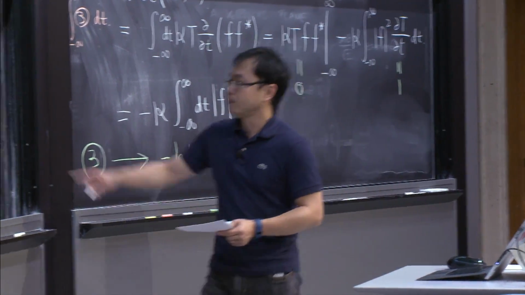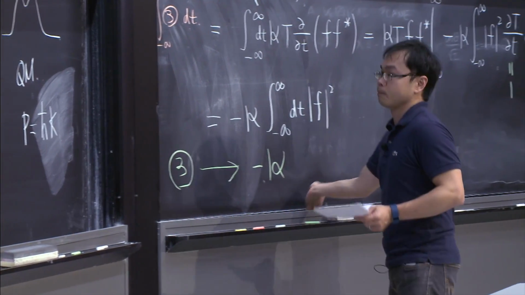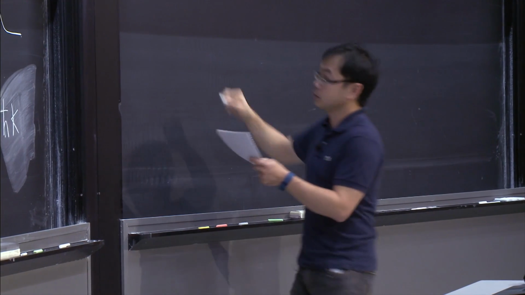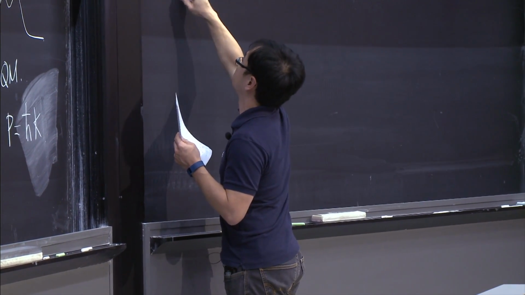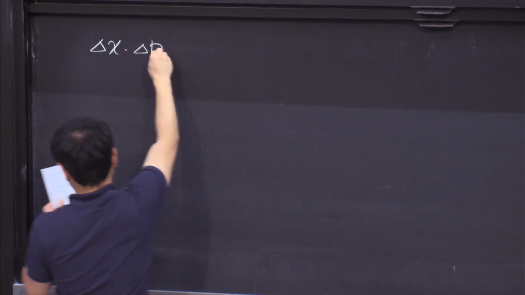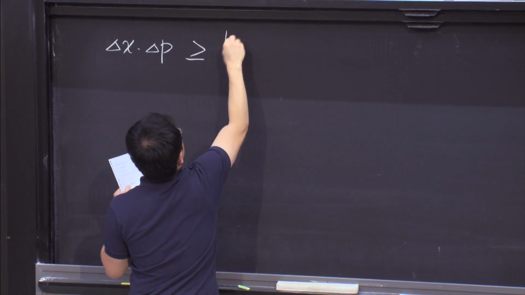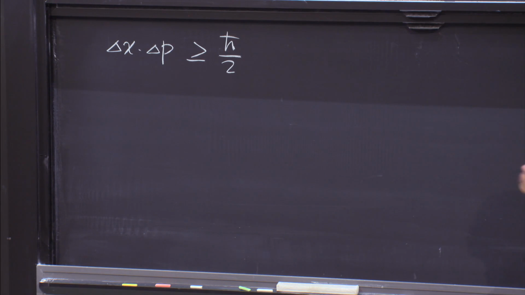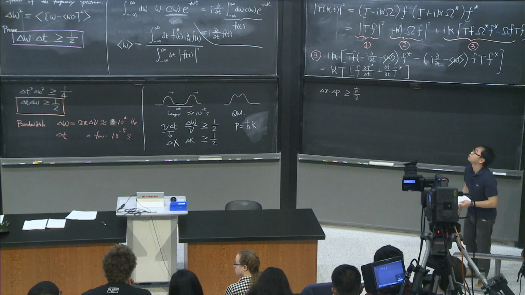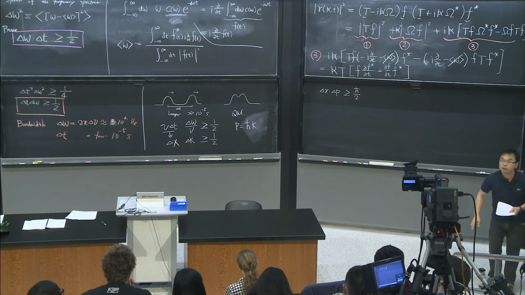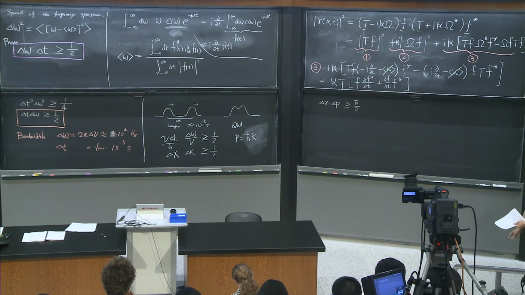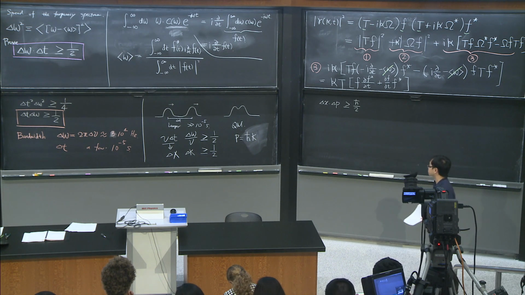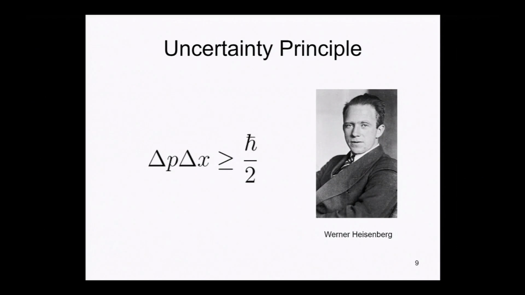So if I have p equal to h bar times k, that means I have delta x times delta p greater or equal to h bar over 2. That is exactly the uncertainty principle introduced by Heisenberg. And what is the meaning of this?